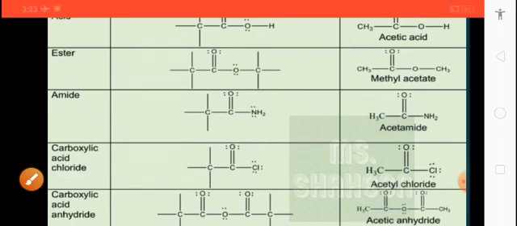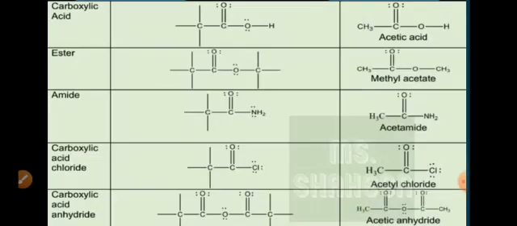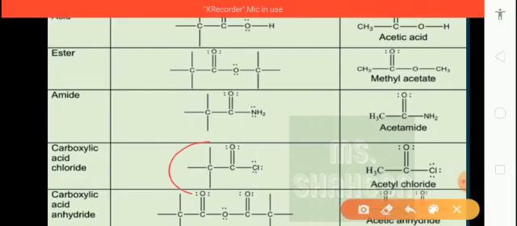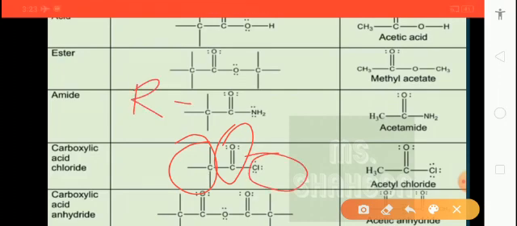Now come to the carboxylic acid chloride. How can we write that? Here is the alkyl group which is attached with the carbonyl. In the last there is a halide group. So we can write R, carbonyl, and then here could be any halide.